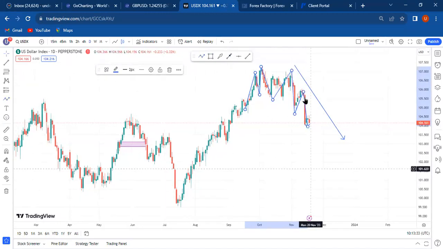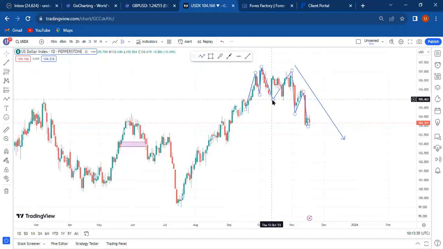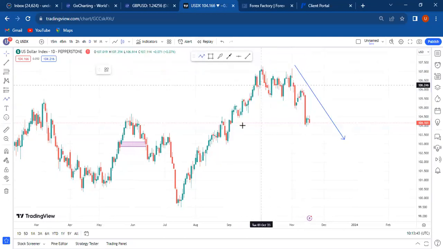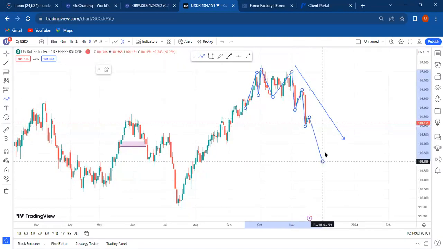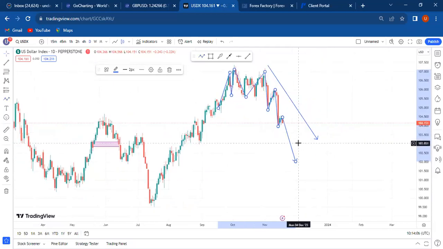So we might continue down to this level, and here, something like this, then price comes down to this level before we are looking for probably a retracement.